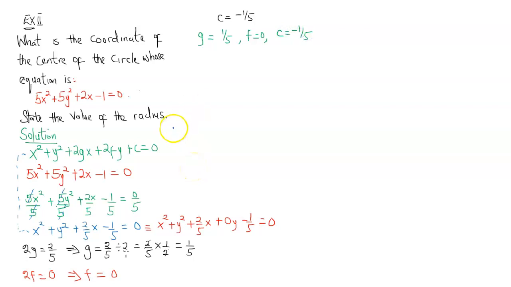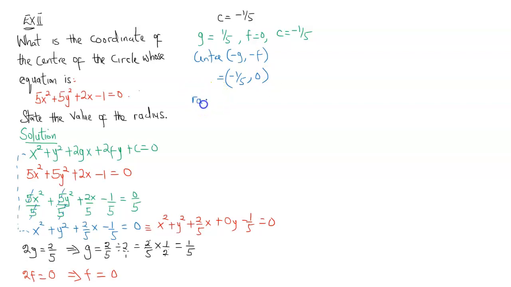But the center is not g comma f. The center of the circle is negative g comma negative f. So if g is 1 over 5, negative g is going to be negative 1 over 5. If f is 0, of course, 0 is neither positive nor negative, so this is just going to be 0.